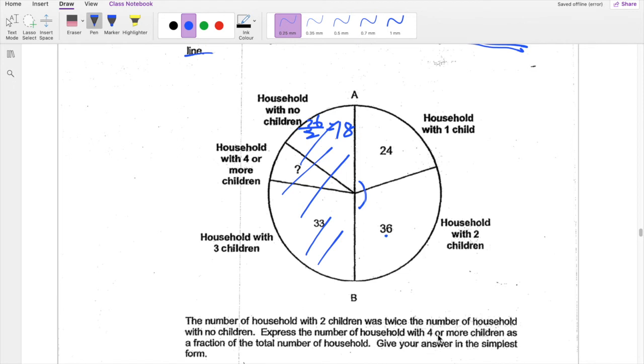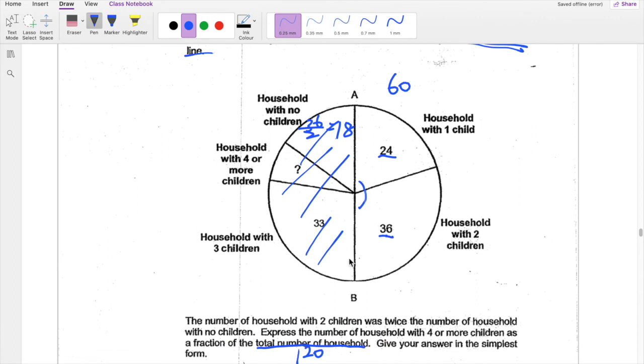Express the number of households with 4 or more children as a fraction of the total number of households. Are we able to calculate the total number of households? Yes, we can. We just said this is half because of the straight line. So here, 24 plus 36, this side is 60. Then, as it's half, the total is 120.